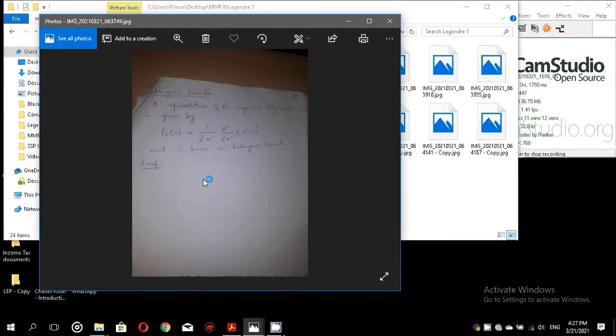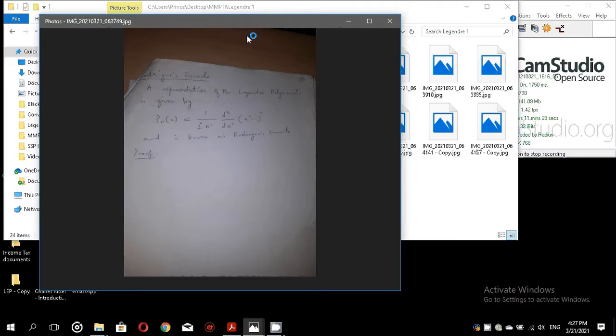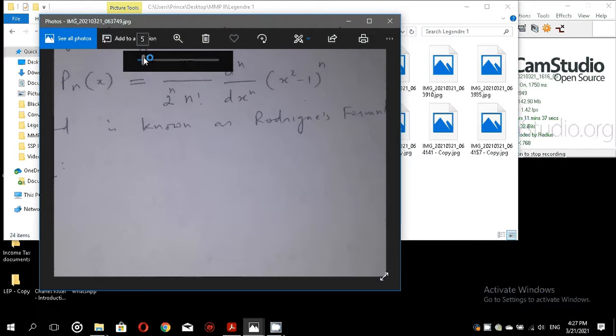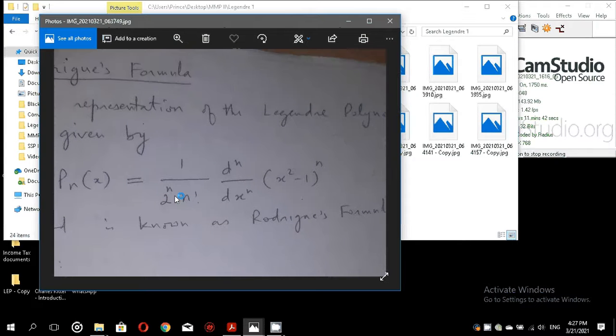So here I have expressed the formula known as the Rodrigues formula for Legendre polynomials. This is Pnx is equal to 1 over 2 power n into n factorial, nth derivative of x square minus 1 power n.